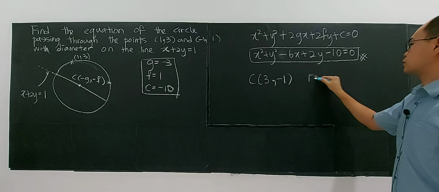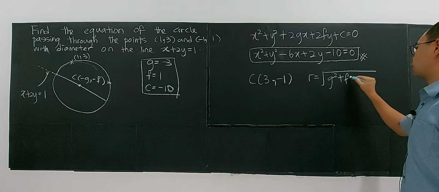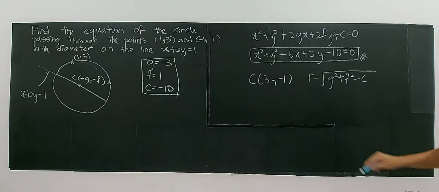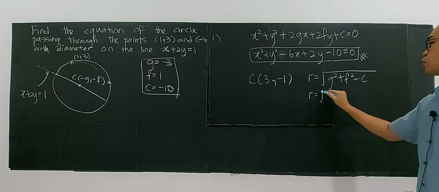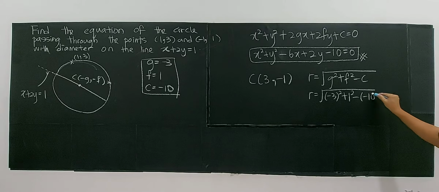And how about the radius? The formula will be the square root of g squared plus f squared minus c. So r will be the square root of negative 3 squared plus 1 squared minus negative 10.